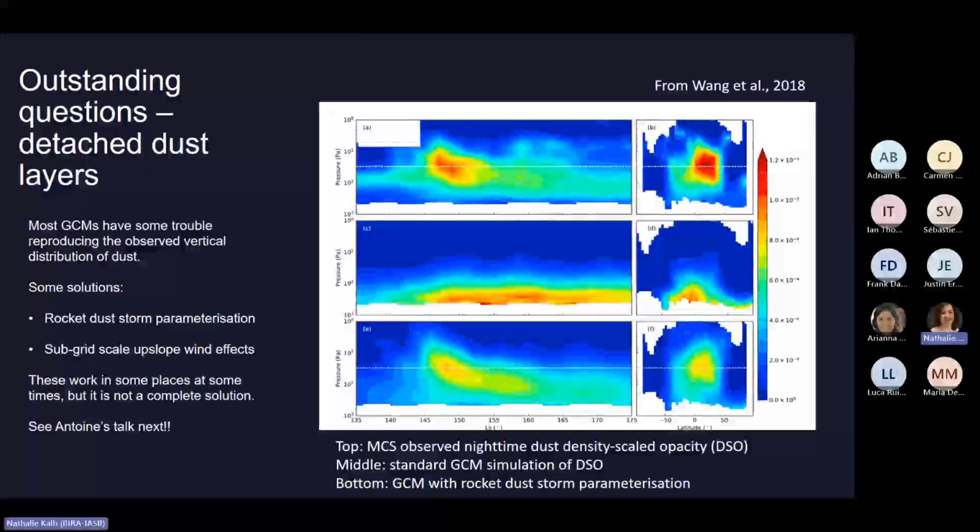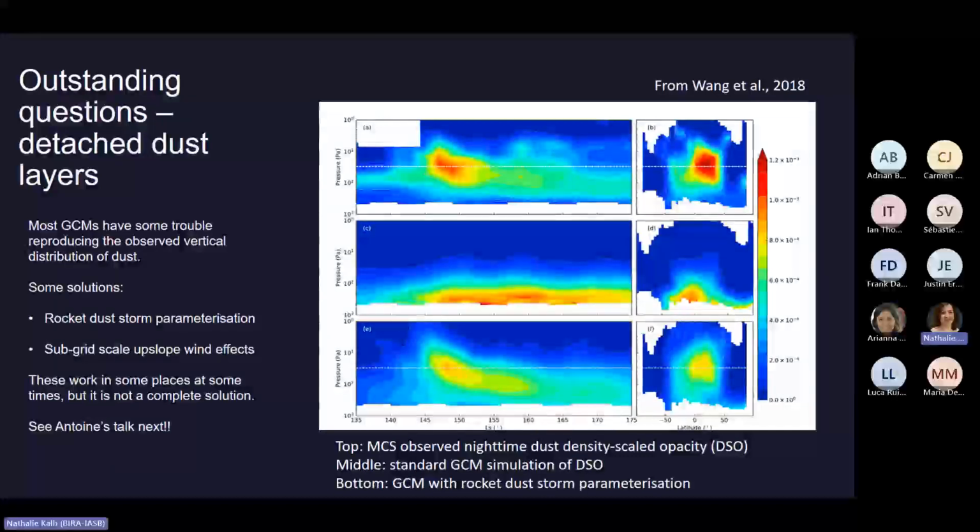And this is about the vertical distribution. I took this again. I stole this from one of the LMD group with the paper about the rocket dust storms, Chao Wang. Okay.